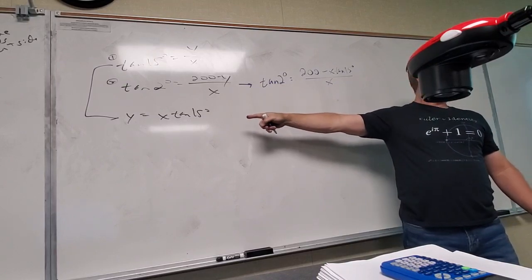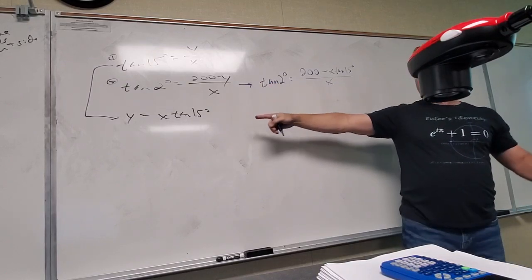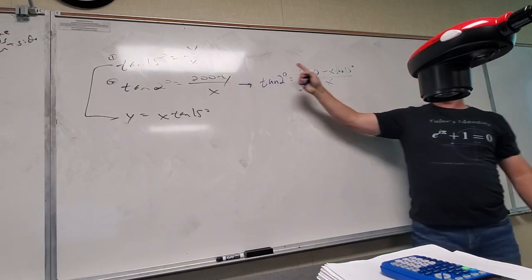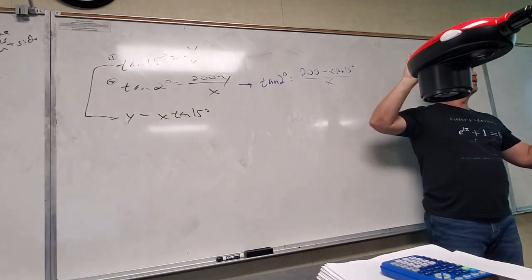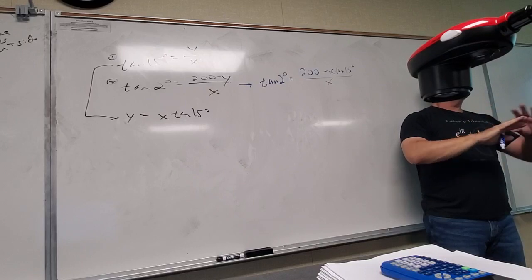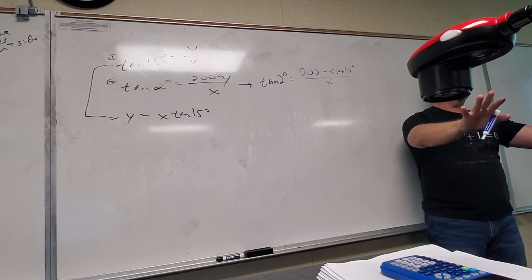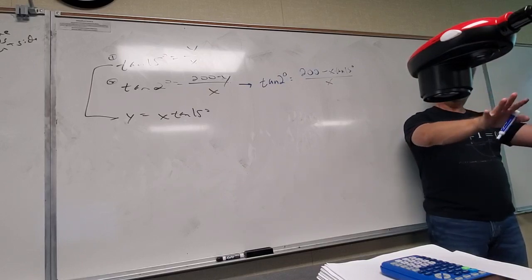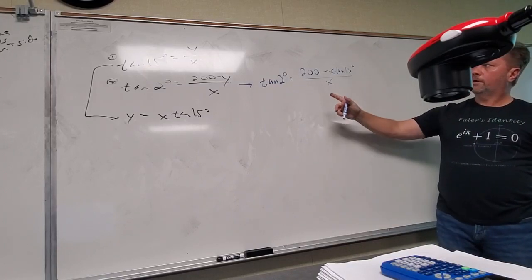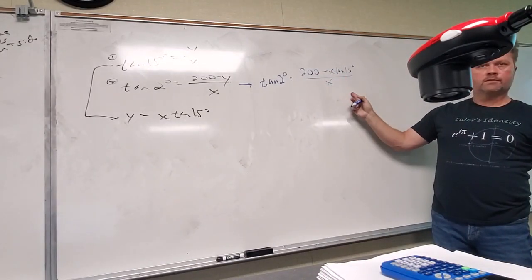What's y equal? x tangent 15. Totally. So wherever I see a y, I can replace it with what it is. Now I have an equation with only one variable in it, correct?